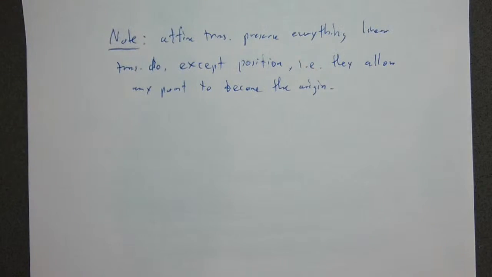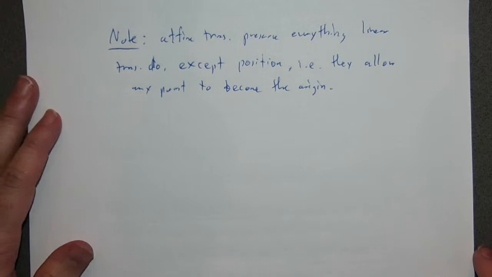Now, what's interesting about this is that this is where the statement "forgetting the origin" comes from. So affine geometry is like looking at the plane, but you forgot where the origin is. Or you're looking at your space, but you forgot where zero is.